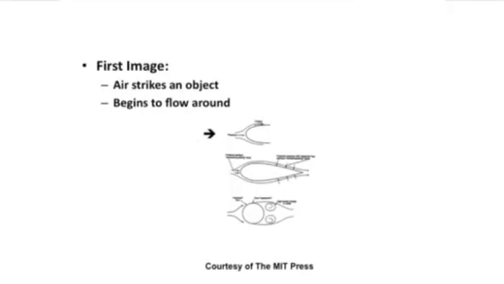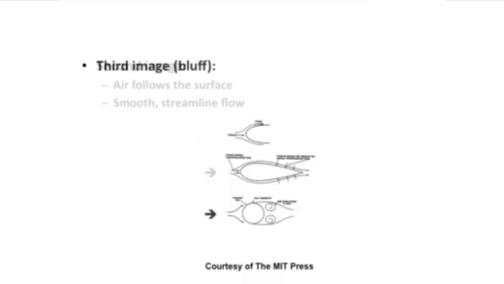In the first one here, we see the air striking an object, and the air begins to flow around the object. In the second picture, we have a streamline object. Notice that the air is able to smoothly follow the surface of the object. In the third one, we have a bluff object, however, something that's round. In the case of the bluff object, we don't get a nice smooth airflow.